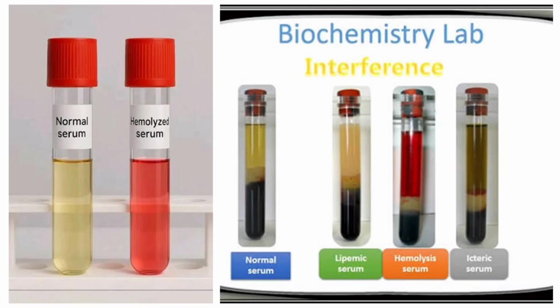Let us assume that the linearity is between, let's say, 5 to 20. Now, under normal condition, let's say the concentration of glucose, or maybe let me use creatinine, on this hemolyzed sample is supposed to be 500, which is supposed to be within the linearity, for example.